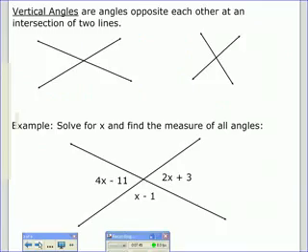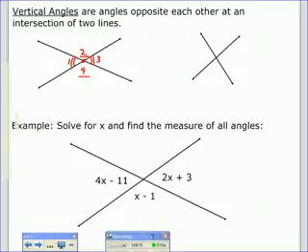The last thing I briefly want to talk about, we're going to have to use in class tomorrow, I believe, is review for you. When two lines intersect, they make an intersection with 4 angles in it. 1, 2, 3, 4. The ones that are across from each other, such as 2 and 4, or 1 and 3, are called vertical angles.